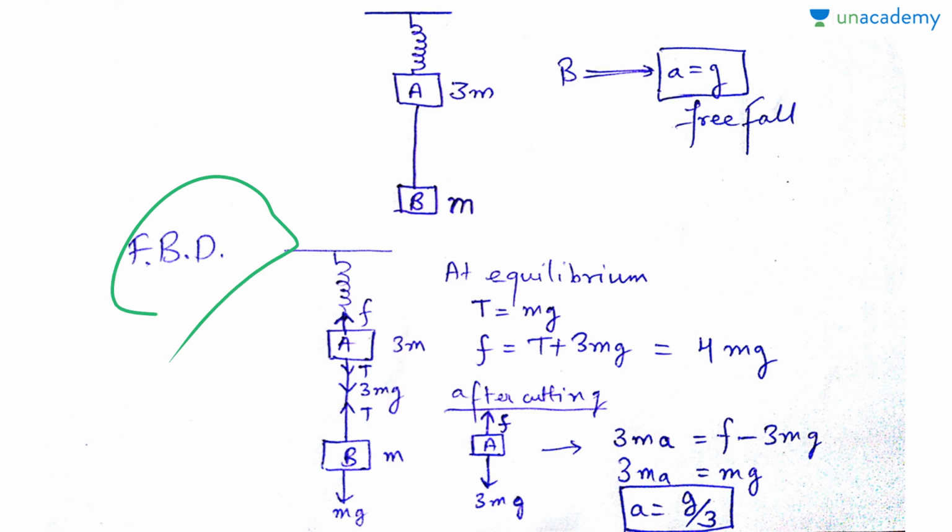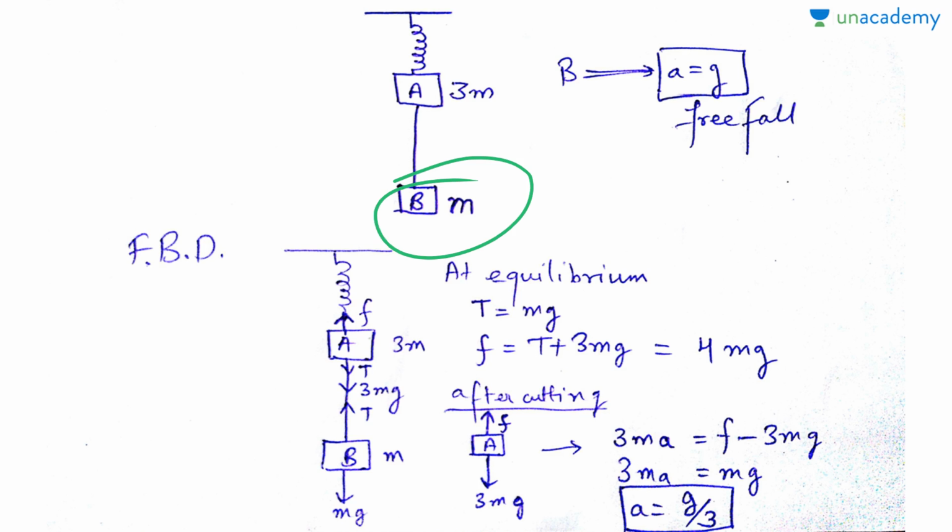Whenever we cut this string, B will have a free fall motion, so automatically the acceleration of B will become equal to g, that is 9.8 meter per second square.